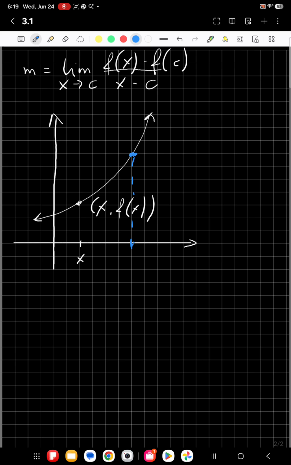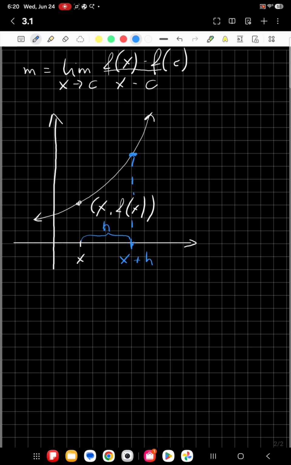And now the crucial thing is that the distance between x coordinate of the white point and the x coordinate of that blue point, that's going to be h. So we're going to denote it as h. Well, if this is h, then x coordinate of this one is going to be x plus h.